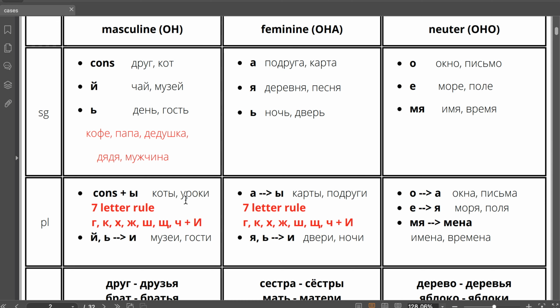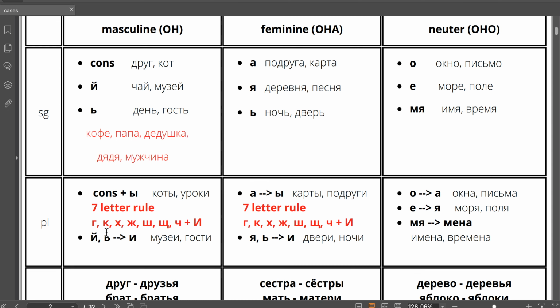So one lesson is урок, lesson. When I want to say lessons, к is obviously consonant. And according to this rule, I have to add vowel ы. But for some reason, I say уроки with и. What's going on here? We have very interesting rule, which is called 7-letter spelling rule. I call it 7-letter rule. We have special 7 letters.